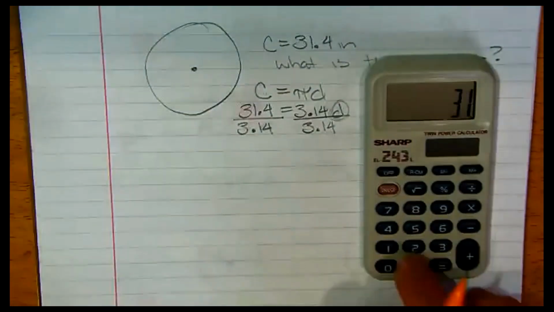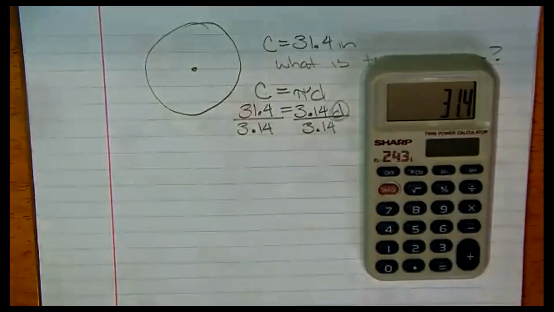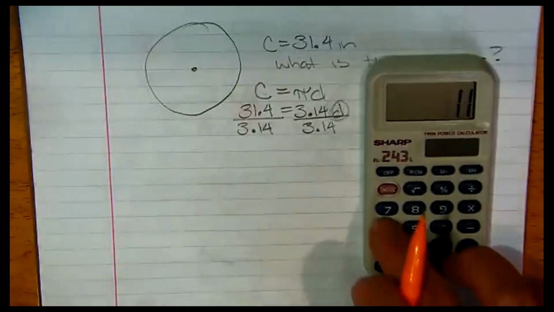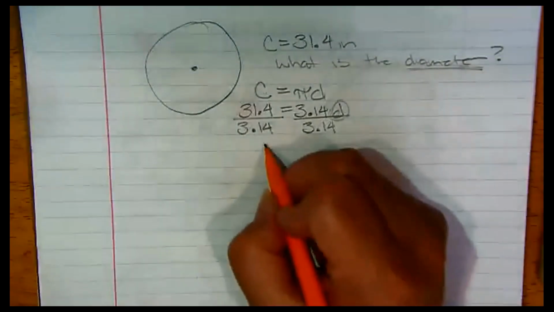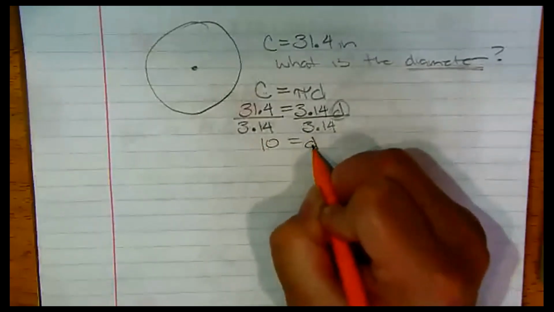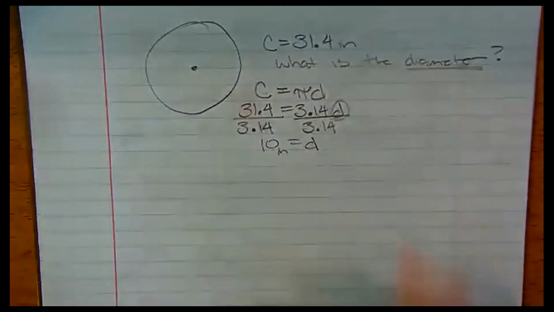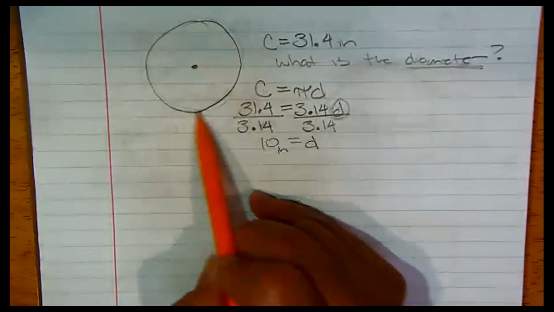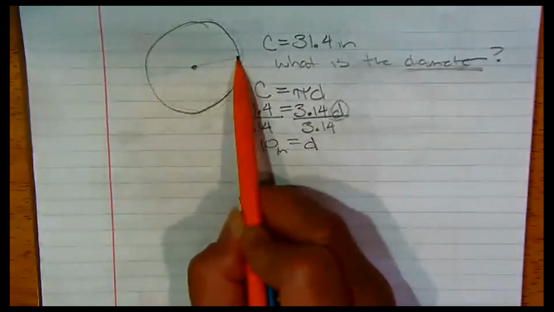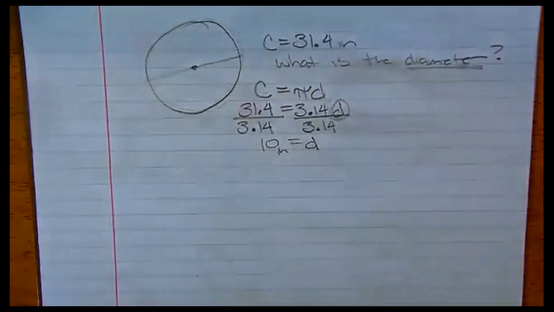So 31.4 divided by 3.14 equals 10. So our diameter is equal to 10 inches. If the circumference is 31.4 inches, the diameter is 10 inches. Okay.